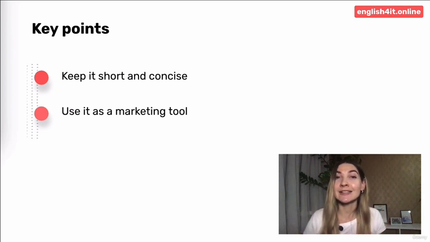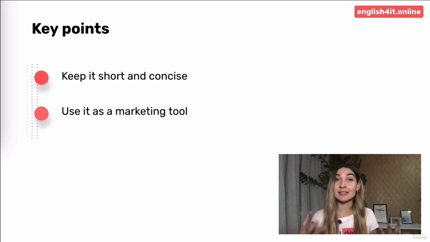Treat your skills summary as a marketing slogan, so you are trying to sell yourself to the recruiter or to the HR manager. Obviously, you need to customize your summary for every job posting.